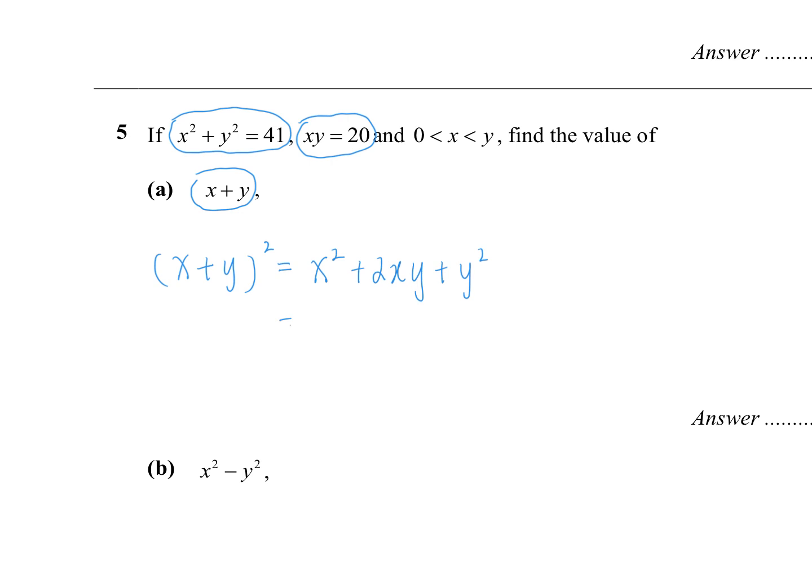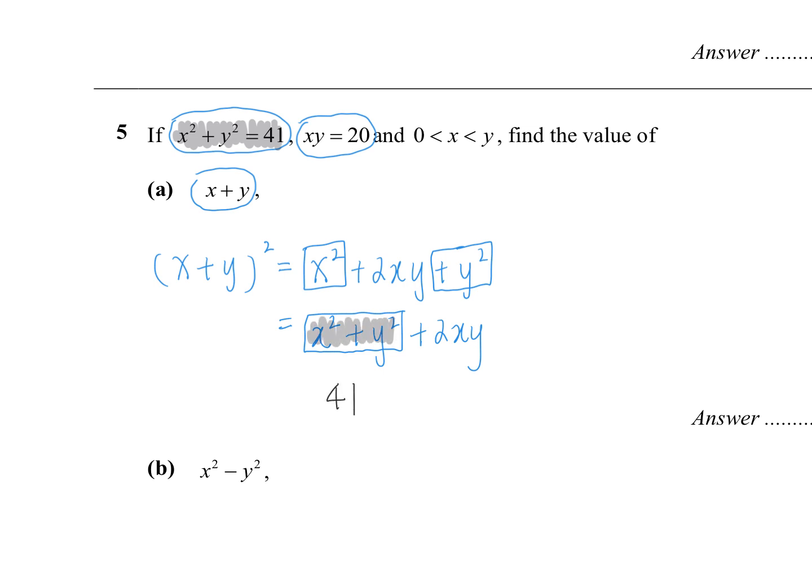So I'm gonna rearrange. When I rearrange my x squared to be placed beside y squared, I got this. And I already know that x squared plus y squared is 41. So I'm gonna change this to 41.